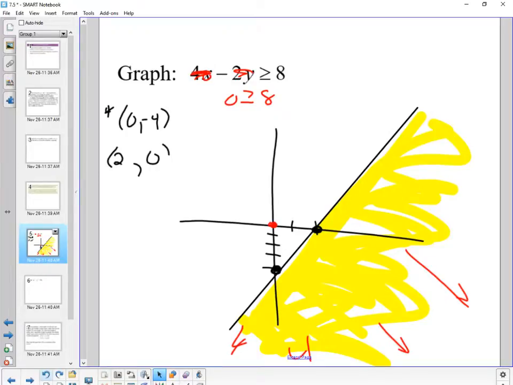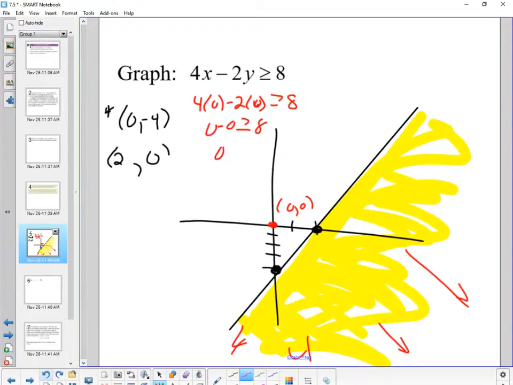How do you know whether it's the lower? Okay, so here's the point 0, 0, correct? I'm going to test it with my equation. So if I plug those numbers in, I've got 4 times 0 minus 2 times 0 has to be this, right? So that's 0 minus 0, and then I get 0. Now, is this true?